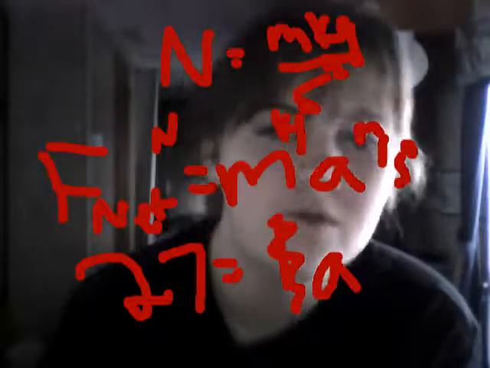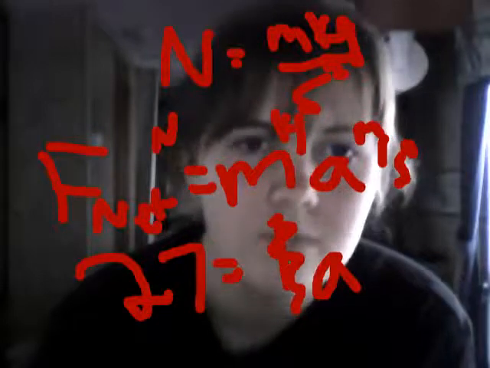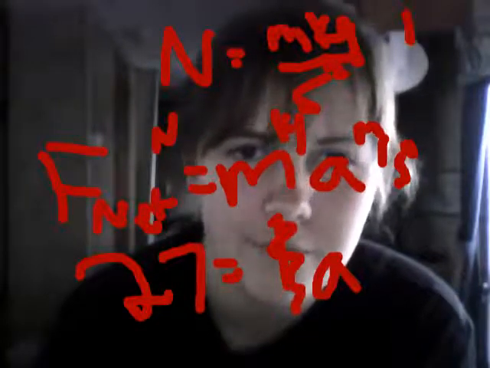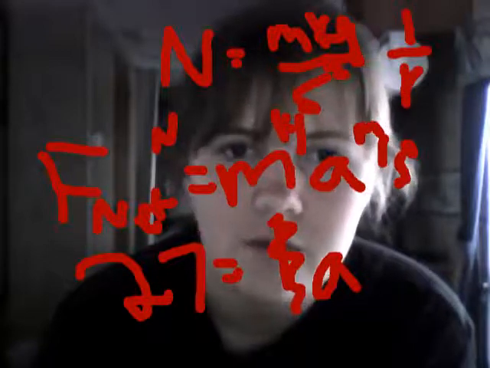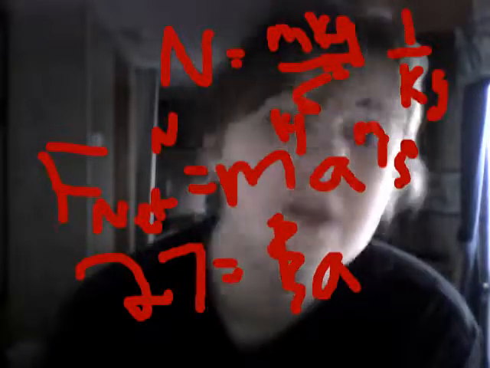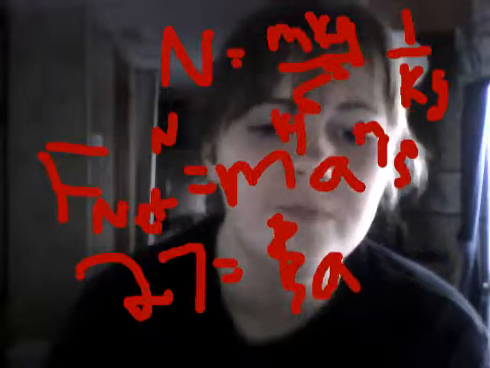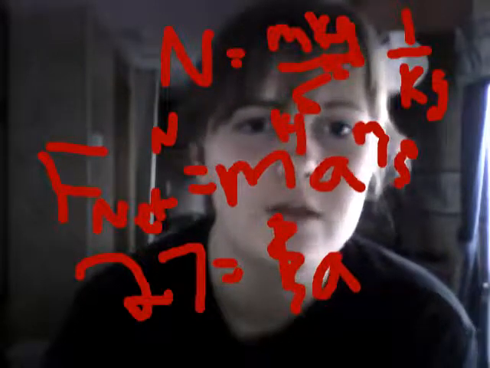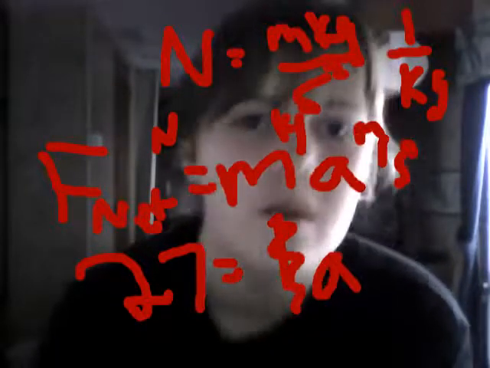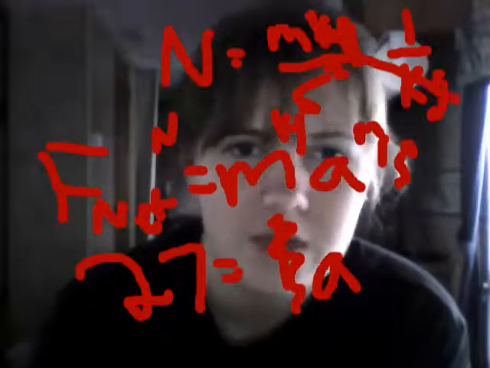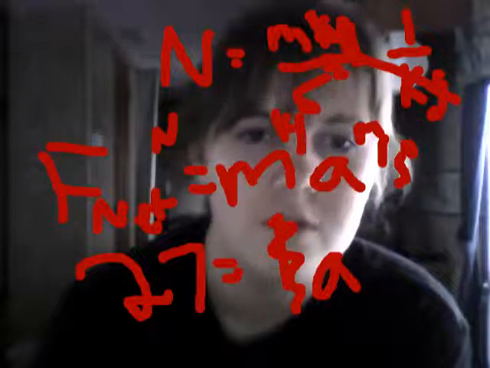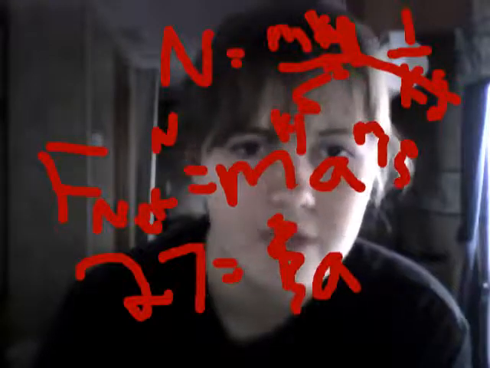So if you divide 27 by 1, you're going to multiply by 1 over kg, because you can multiply and divide the units just like you can anything else. The kgs will cancel, and you're left with meters per second squared. And that's what acceleration is.